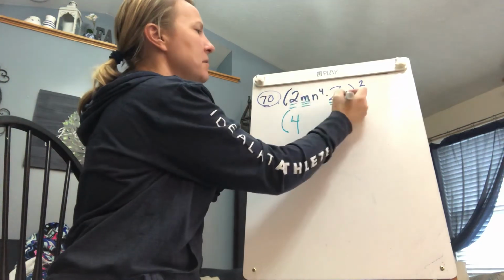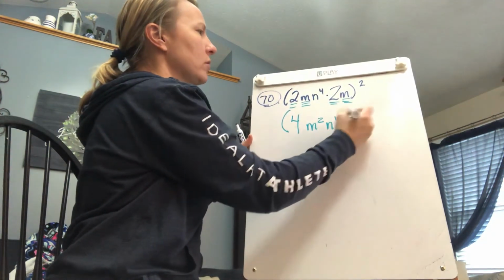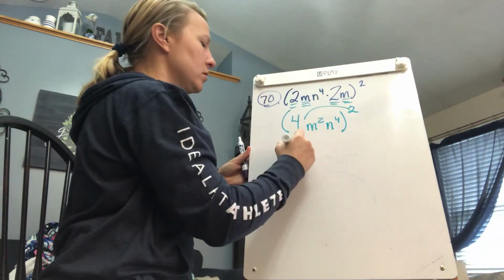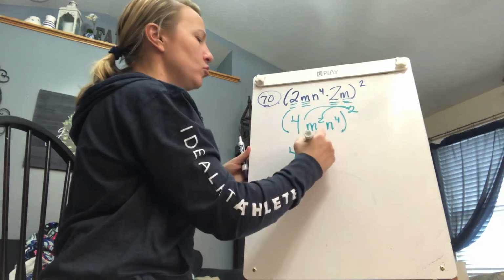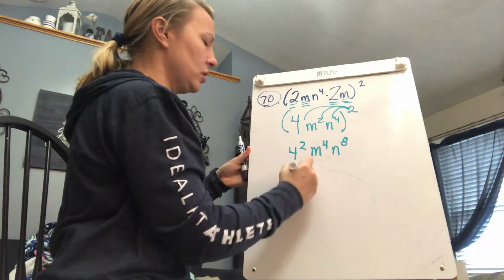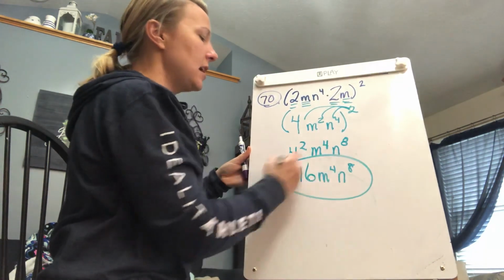I've got m and m gives me m squared, and n to the 4th, all squared. And then I'm just going to distribute. I get 4 squared. 2 times 2 is 4. 4 times 2 is 8. And so I should get 16 m to the 4, n to the 8. And then you're all done.